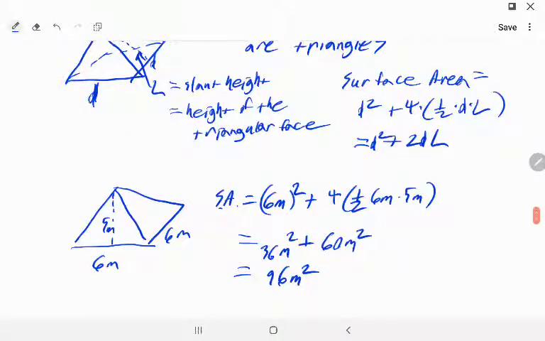So these are actually kind of interesting because once we learn a little bit more trigonometry, we're going to discover that it's really easy to draw a pyramid that's completely impossible.